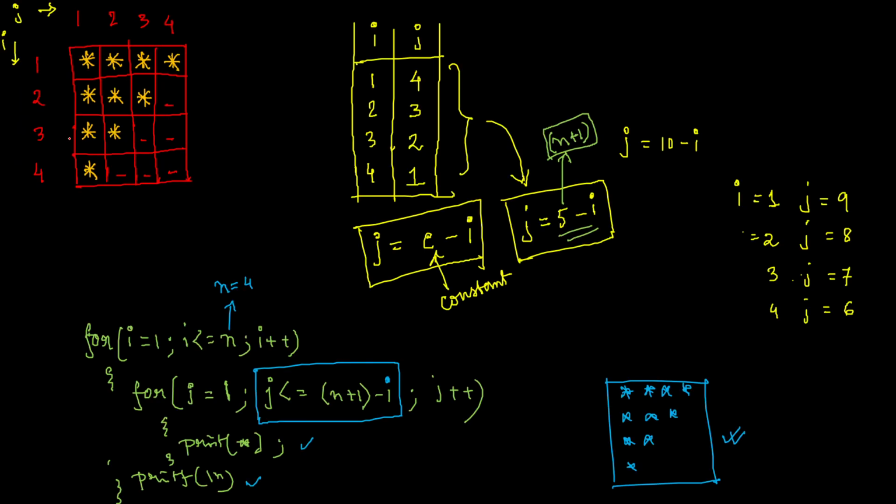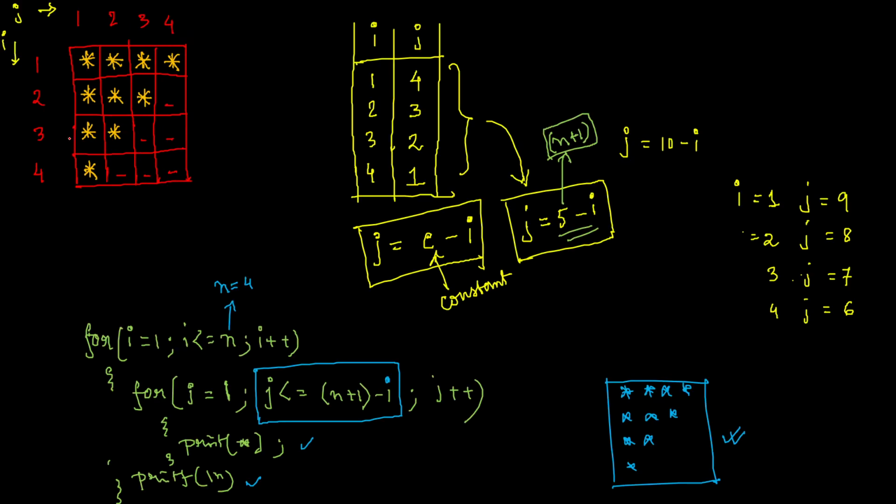Now the question is, what is the difference with the other pattern? What is the basic difference between this one and this one? If you look at this particular pattern over here, you see here also have some blank spaces. But we didn't care about the blank space in this program. Why?